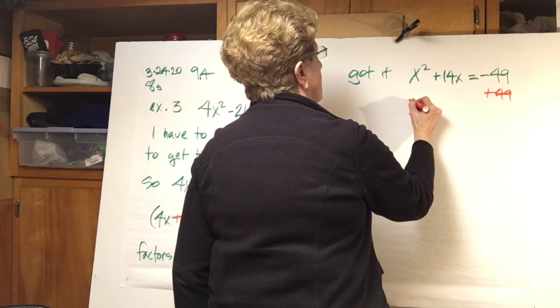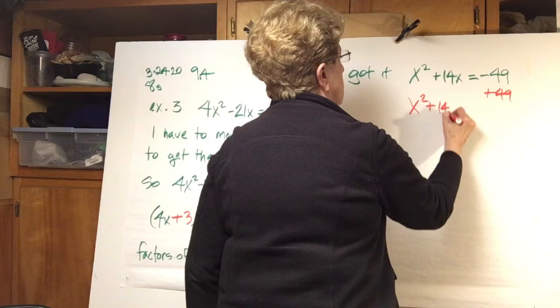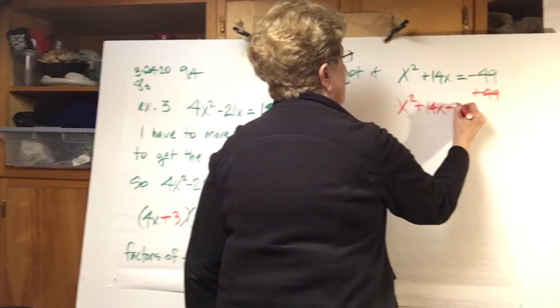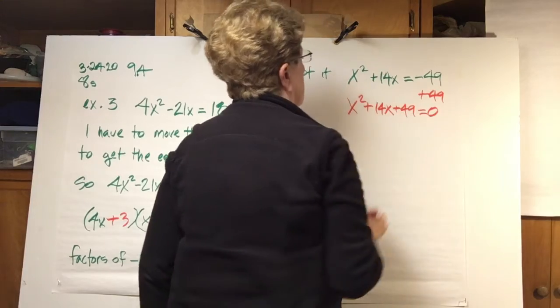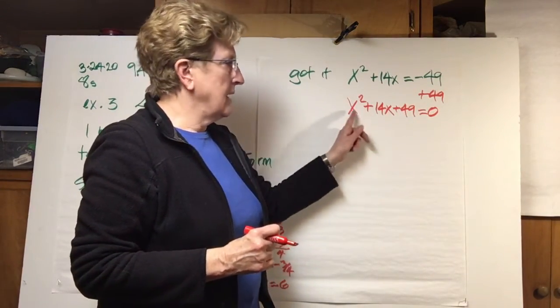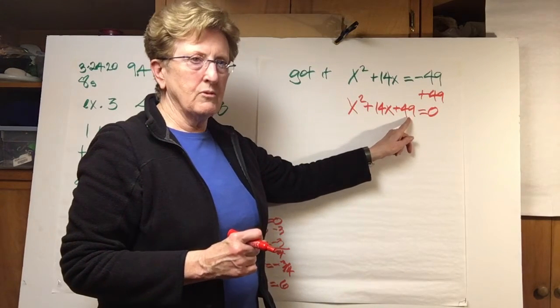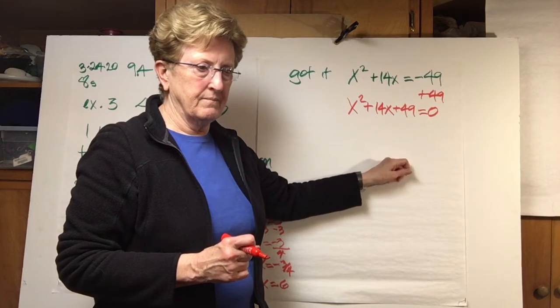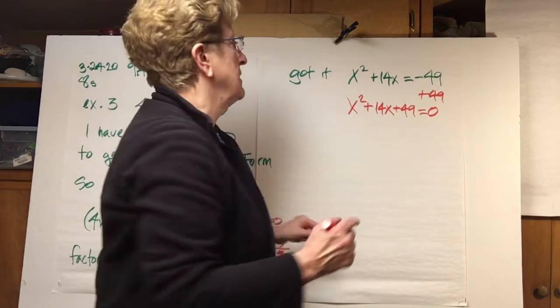And that would be x squared plus 14x plus 49 equals 0. Huh. Wow, look at this. I've got a perfect square here, and I've got a square here. And I wonder what the square root of 49 is. Wow, I think that's 7 squared.